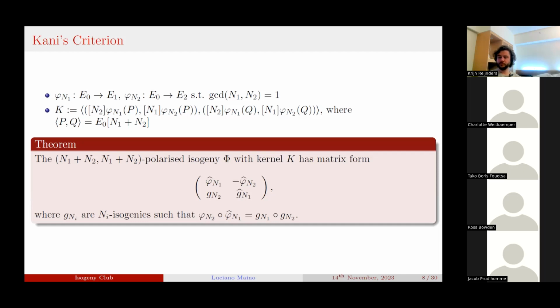In dimension 2, you want the same, which means you want n1 plus n2 to be smooth. Since computing isogenies in dimension 2 can be demanding, in practice you want n1 plus n2 to be a power of 2. And that's what we are going to use in FESTA.